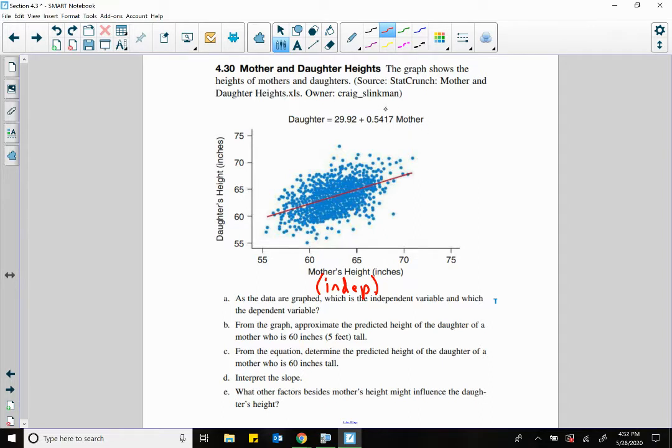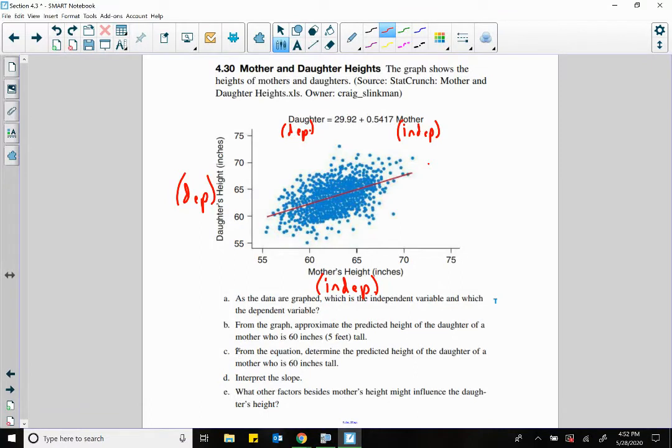The number or the word that is by the number is the independent, always. Okay? The dependent then, obviously, is daughter, or the y-axis. The y-axis is always the dependent.